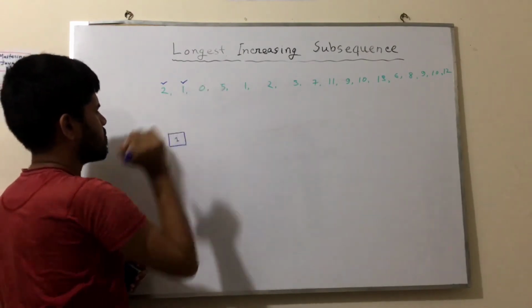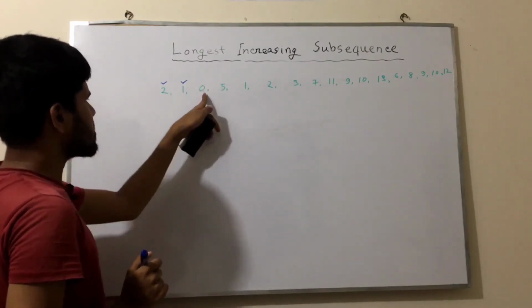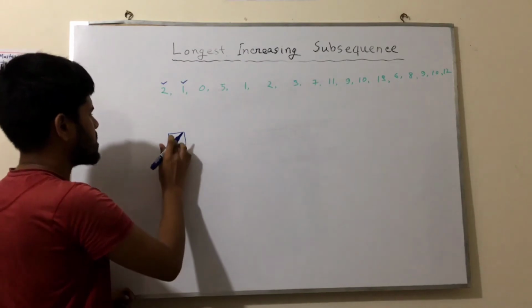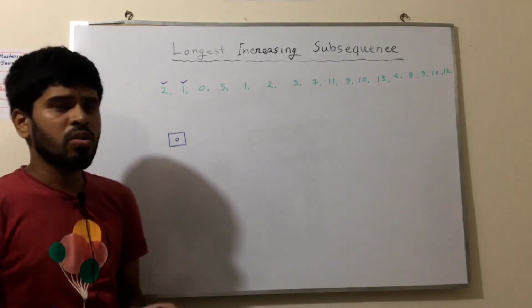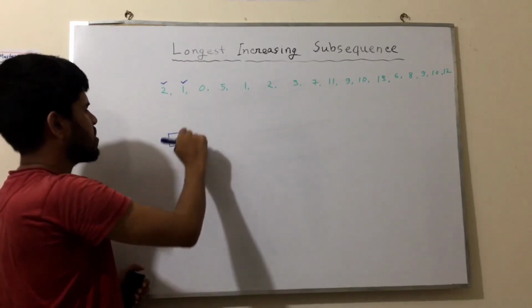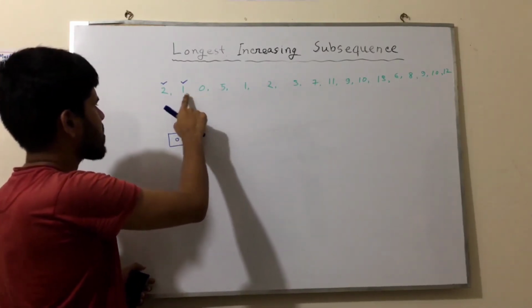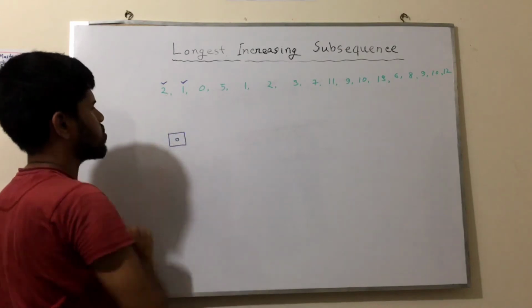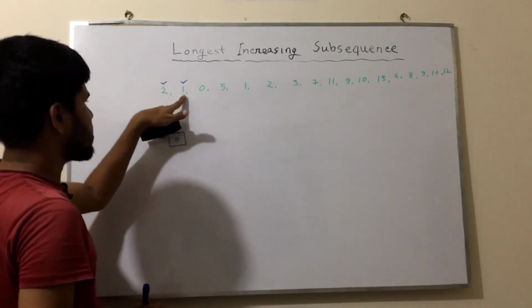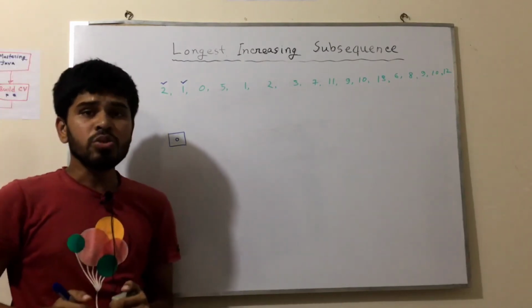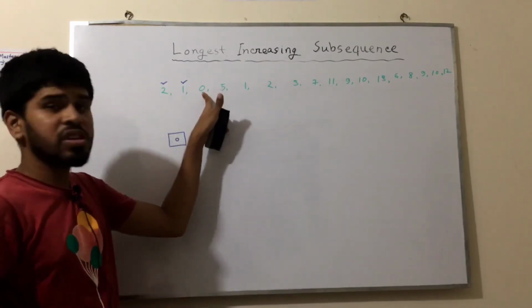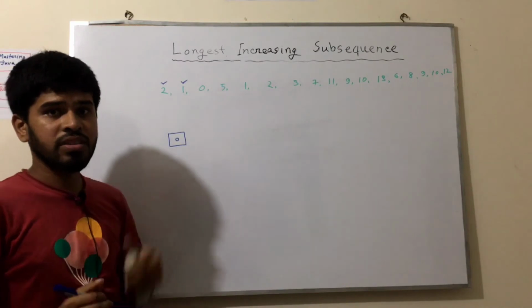Now we have 0. So what is the immediate next of 0? That is 1. Let's update this value with 0. Now you might think we have a value on the right of 0 which is greater than 1 and 2. If the value is greater than 1 or 2, that value is also greater than 0, right?